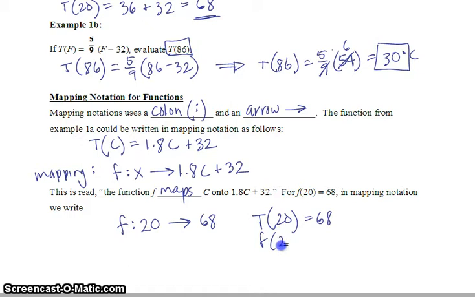We can write it as t, and then the colon, 20 maps onto 68, and the value is 68. So that is mapping notation.